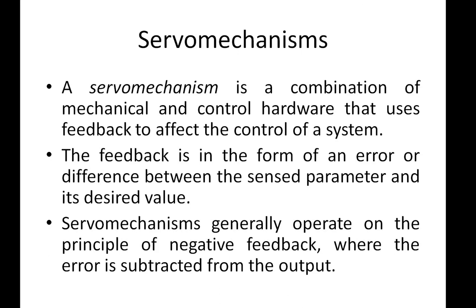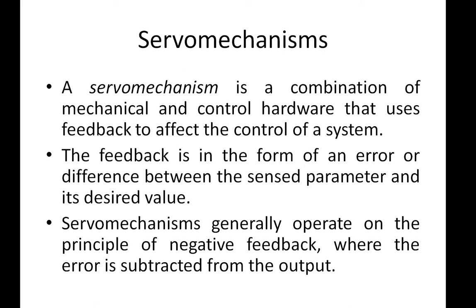A servo mechanism is a combination of mechanical and control hardware that uses feedback to affect the control of a system. Now, what is the meaning of this? It is a combination of mechanical and control hardware. In this servo mechanism, there is a mechanical component and there is a controller.